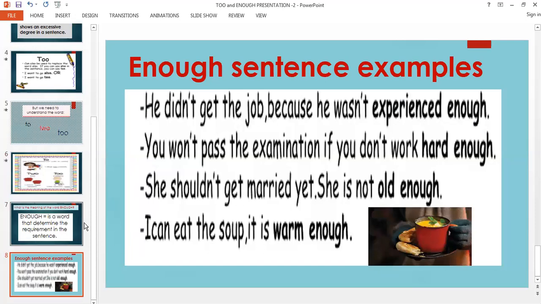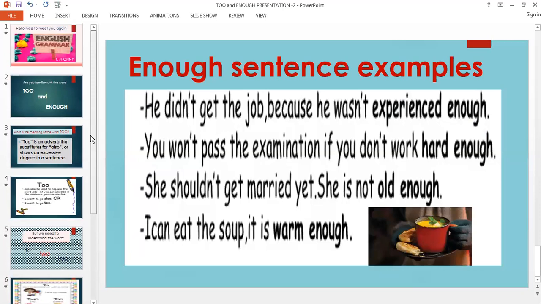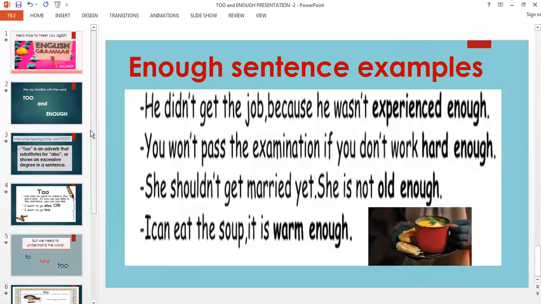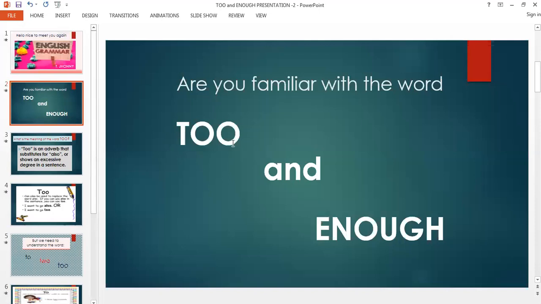Okay, now again, in order for us to understand the words "to" and "enough": "to" is the adverb of this sentence, it gives you the relationship in the sentence, and "enough" is a word that is needed for a requirement.